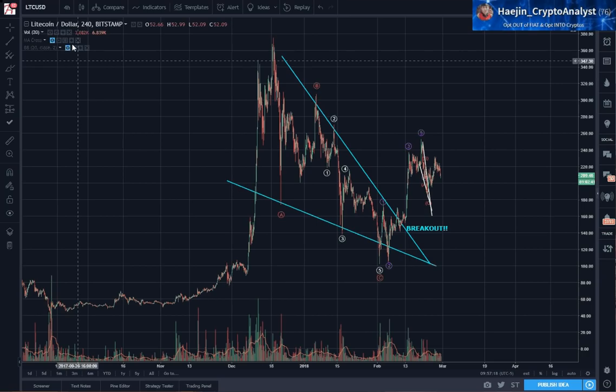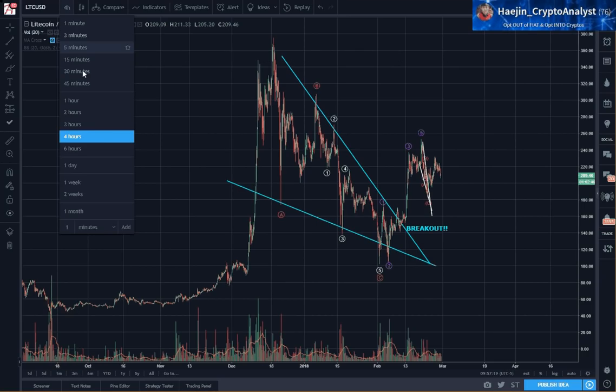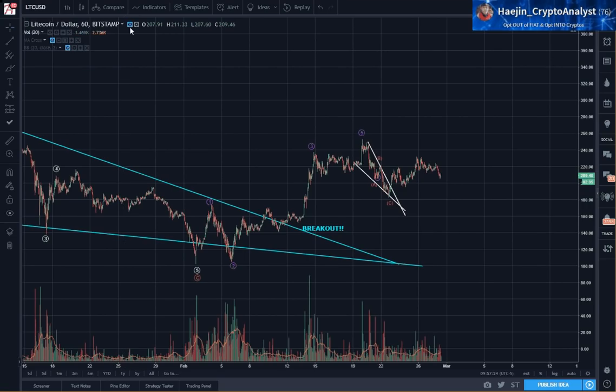So we'll go ahead and zoom in on 1 hour. By the way, I'm using the Bitstamp. I really prefer Bitstamp over Coinbase or even Bittrex. I feel that Bitstamp gives a lot better uniform representation.